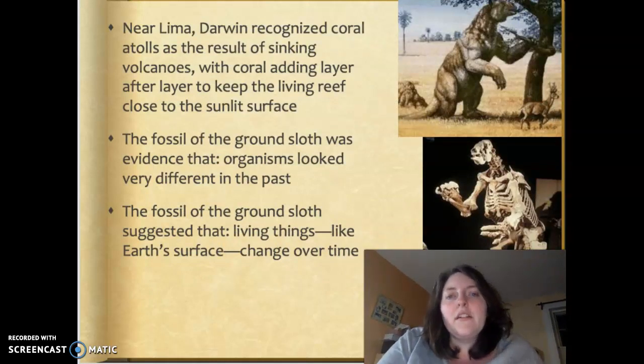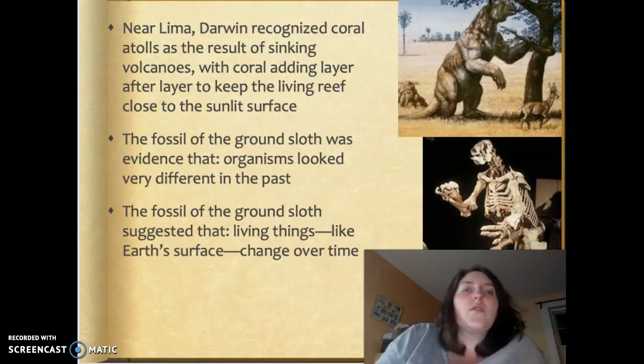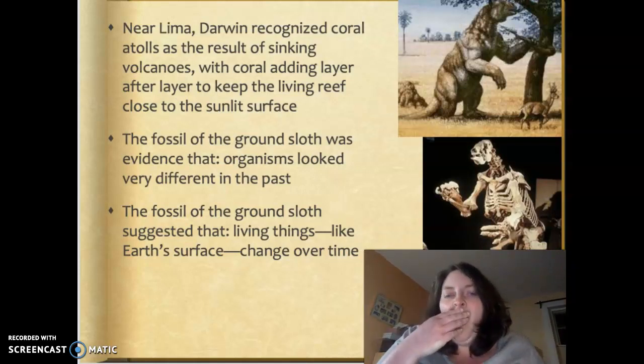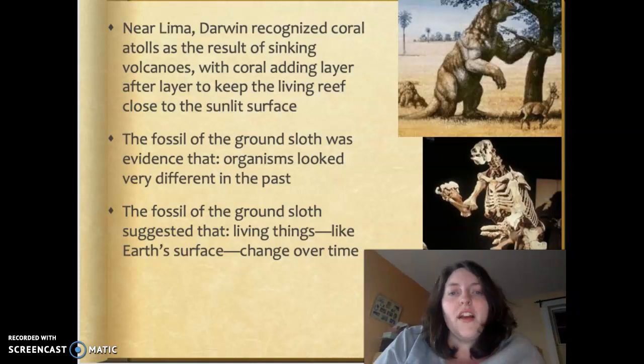In Lima, Darwin recognized a bunch of coral. These long lines of coral that were caused by volcanoes. So life kept adding layer after layer despite all of the changes in time that passed. He also found fossils of ground sloth and armadillo that looked huge compared to the modern ones.